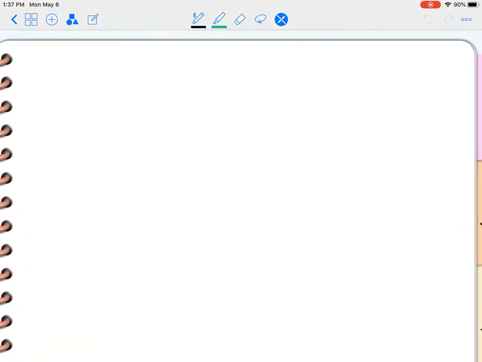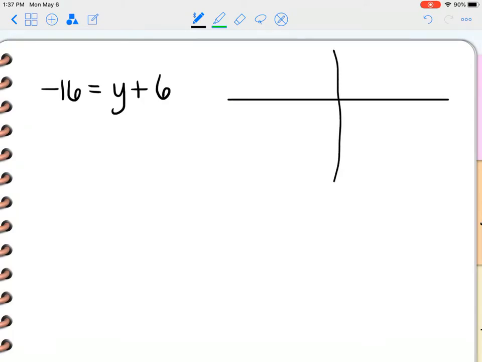The next problem is going to be negative 16 equals y plus 6. So let's make ourselves a solving frame and put our equation in there.